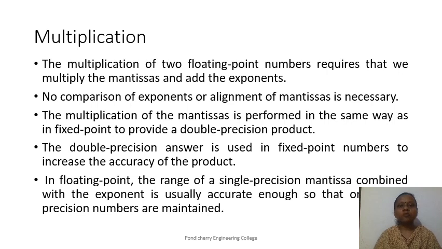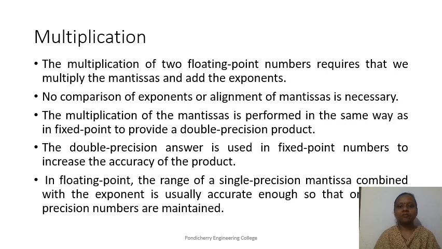But here in floating point, the precision is not an issue. We are having the exponent to handle that. So here a double precision is not required for the product. Here again we have those two registers, but now one of them will be holding the exponent part. So in floating point, the single precision mantissa along with the exponent will serve the purpose. That precision is accurate enough for most applications.